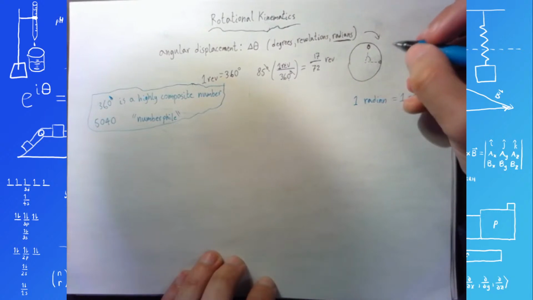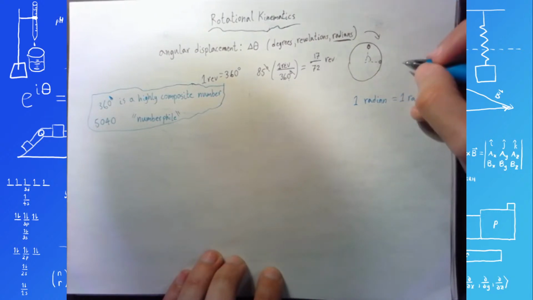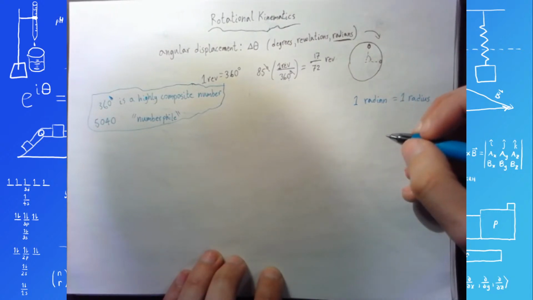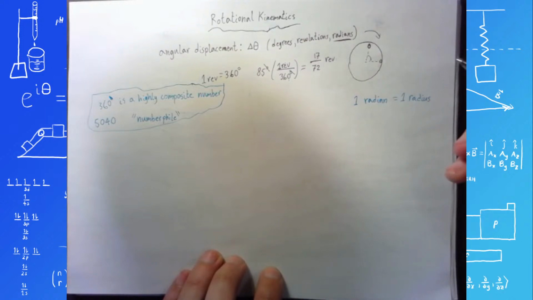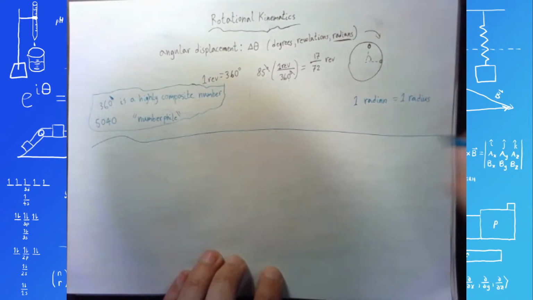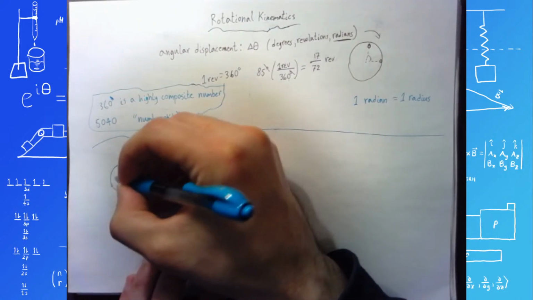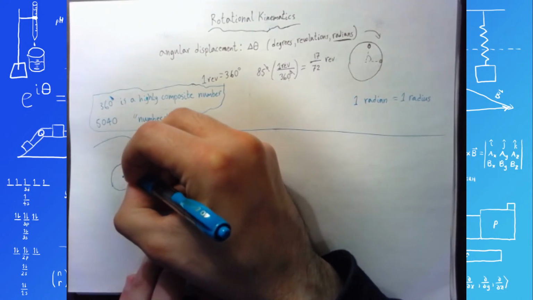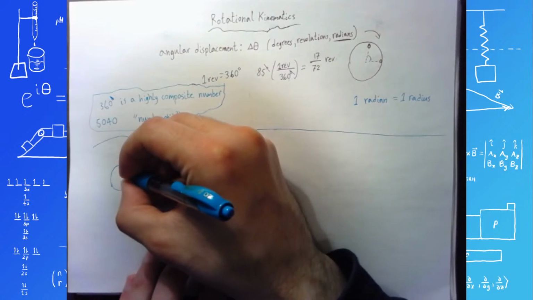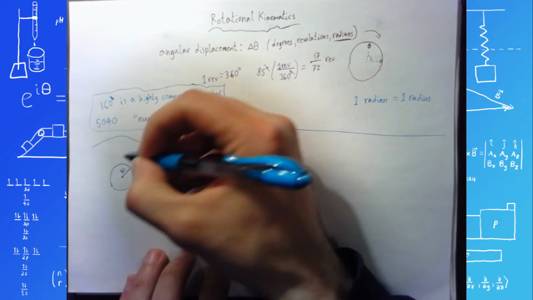So whatever size this circle is, if I drew the same circle, I think I want to pick a more convenient number than 85 first off. Let me draw 2 circles. Let me draw circle 1 over here with a radius of, how about 10?